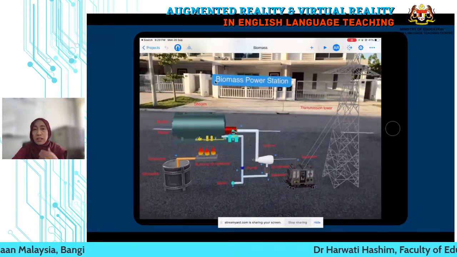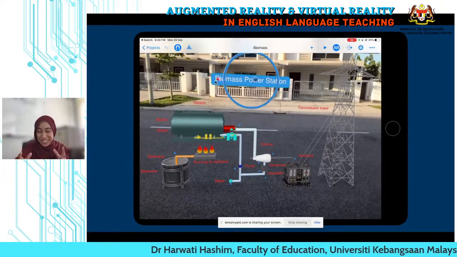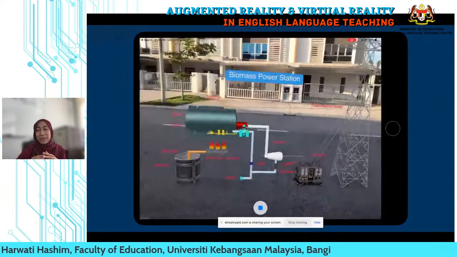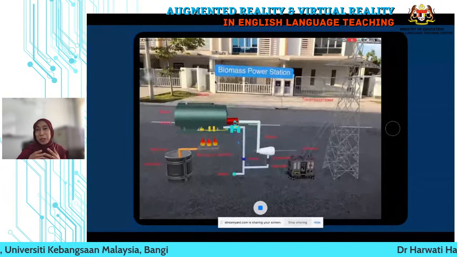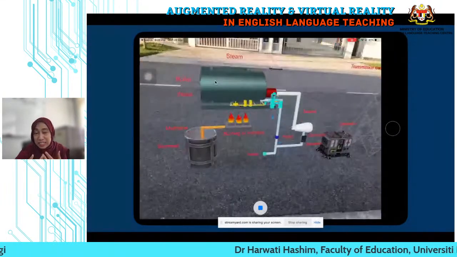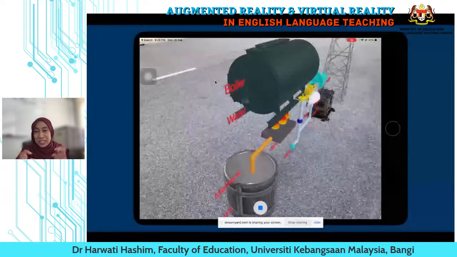So imagine, and now is still the ideal stage, imagine if students can create this type of augmented reality and record themselves talking about processes and procedures. So they are immersed in this world.